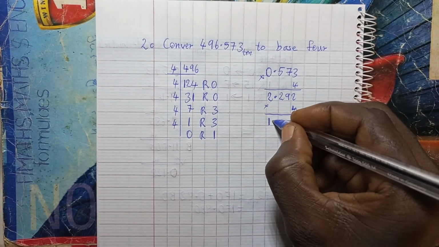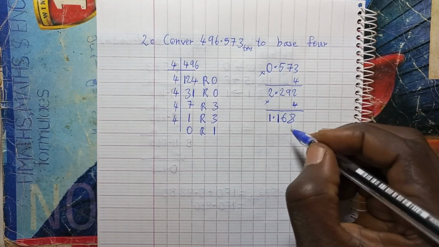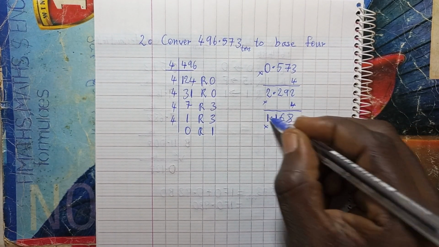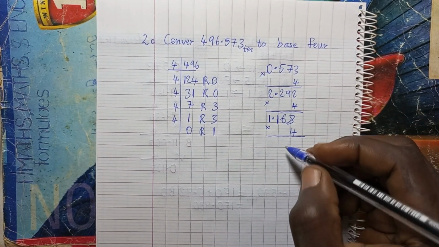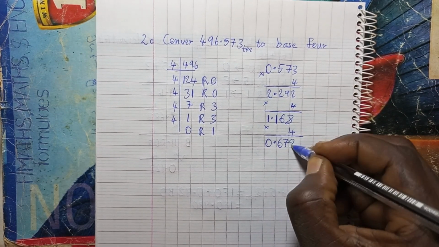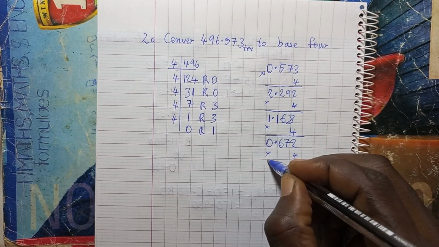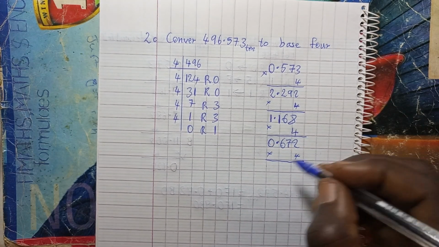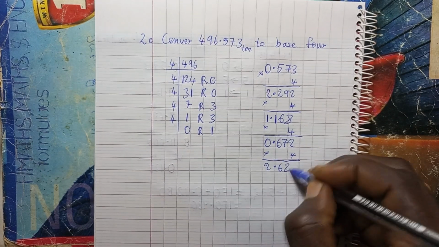That will give us 1.168. 0.168 times 4 will give us 0.672, then times 4. You can multiply this one directly because this is 0 here, times 4 will give us 2.688.